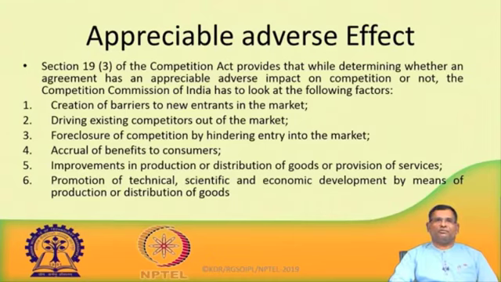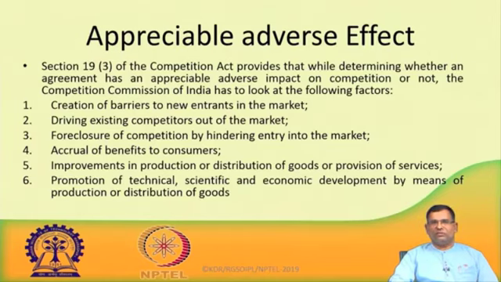These are creation of barriers to new entrants in the market and driving existing competitors out of the market, that is predatory in nature. Then foreclosure of competition by hindering entry into the market. Then accrual of benefits to consumers, you prevent the accrual of benefit to consumers. Then improvements in production or distribution of goods or provision of services.